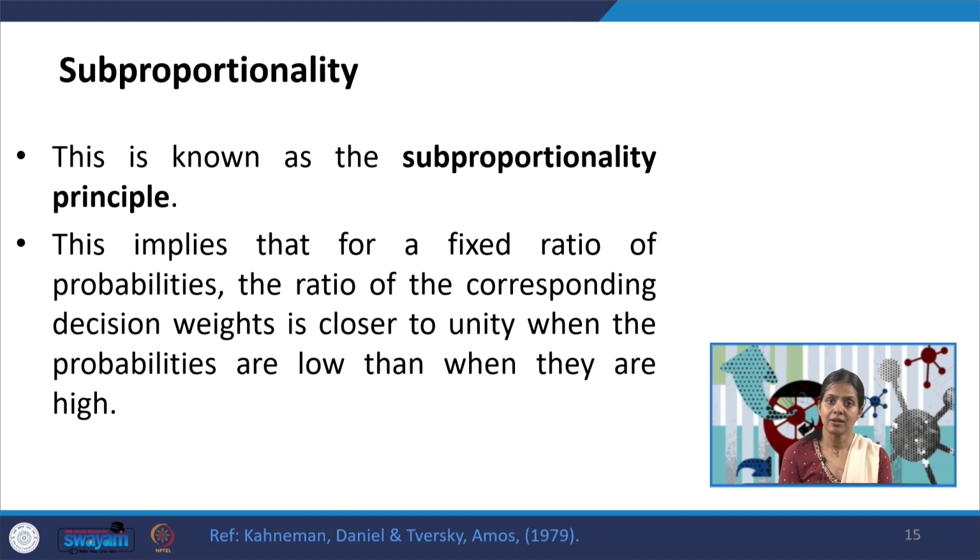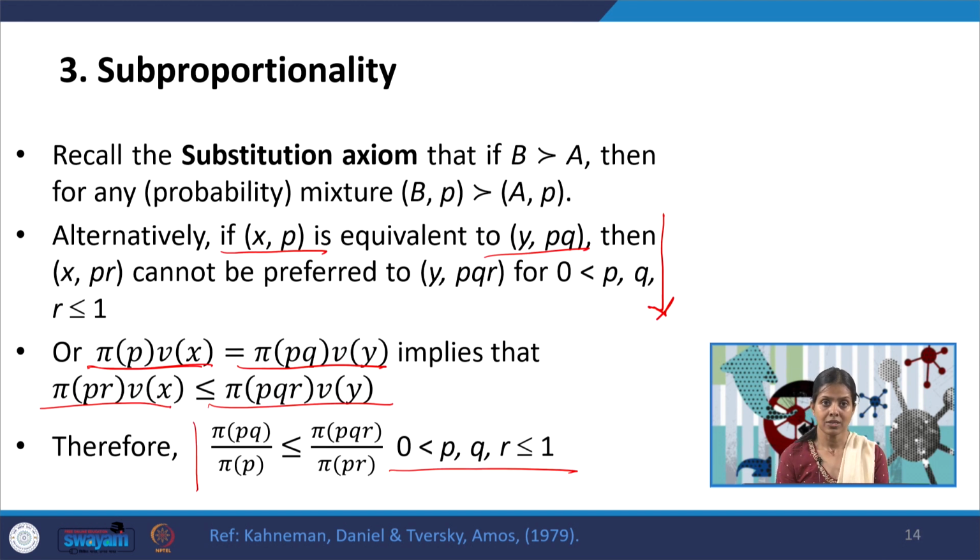This implies that for a fixed ratio of probabilities, the ratio of corresponding decision weights is closer to unity when the probabilities are low than when they are high. Now, just notice that in this principle, if p, q, r are all less than 1, then pq would be less than p.